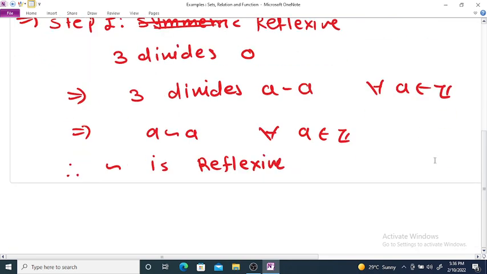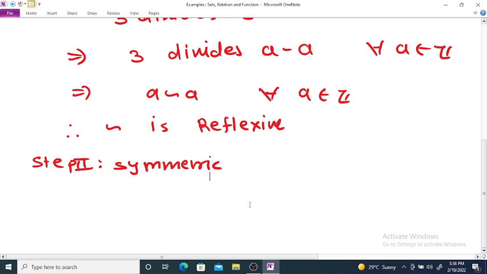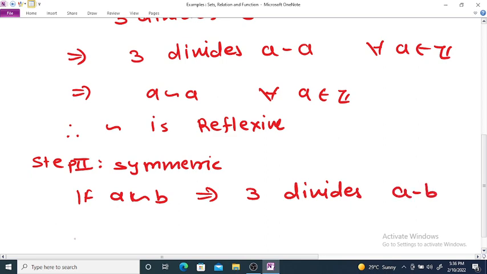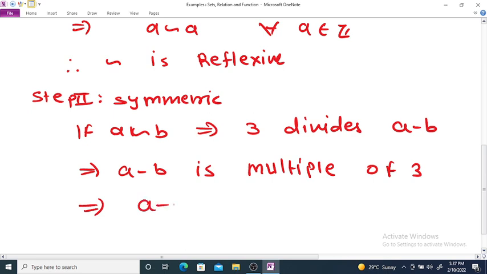Step number 2, symmetric. Now if A is related to B, then 3 divides A minus B. This implies A minus B is a multiple of 3, so A minus B is equal to 3k for some integer k.